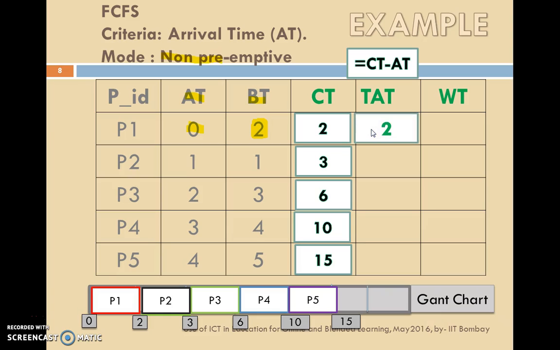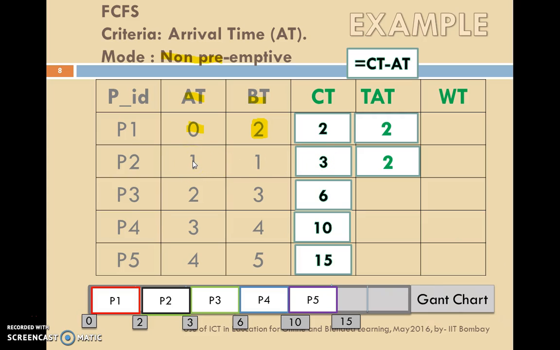Here P1 has CT minus AT, 2 minus 0, which is 2. The process came at time 0 and the total time it spent is 2, so its turnaround time is 2. Likewise, process 2 is 3 minus 1.